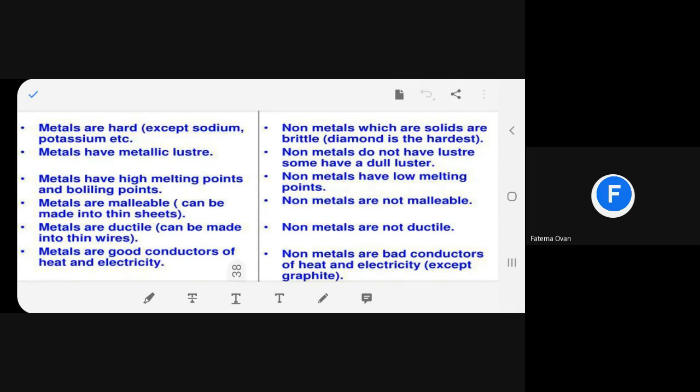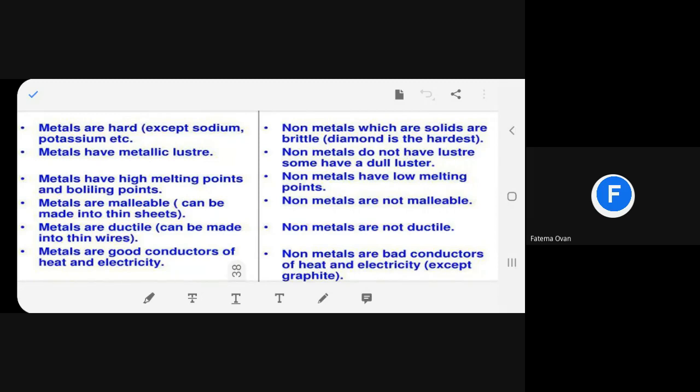Yes, beta? So this is what we learned. Metals have metallic luster. Metals generally have the shine, so that's called luster. Whereas non-metals do not have it at all, they are dull in color. They look very dull, so they don't have any shine.